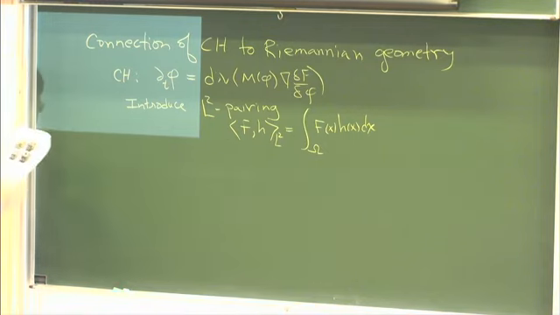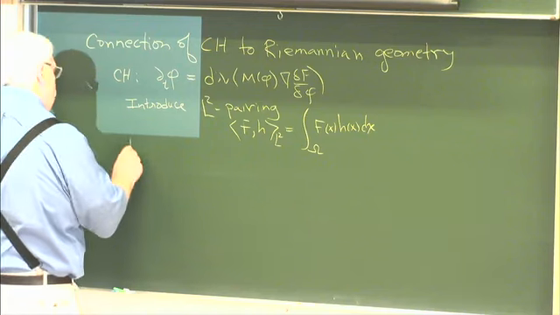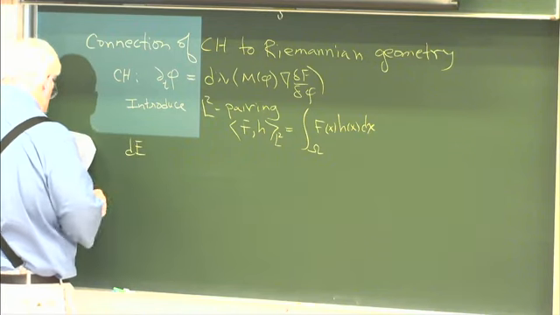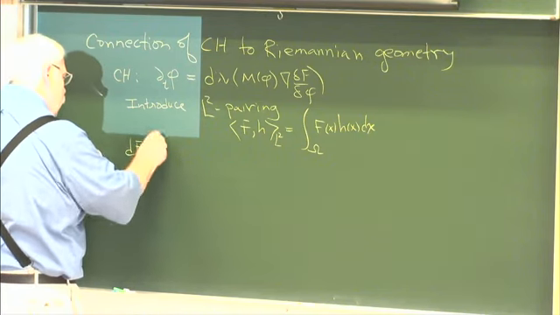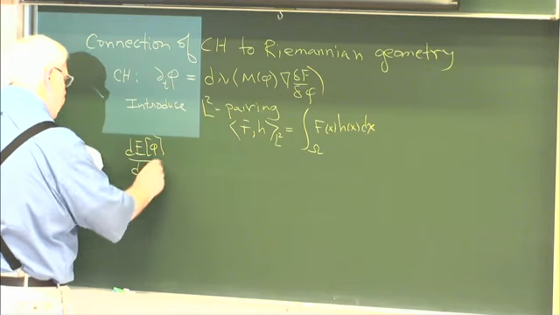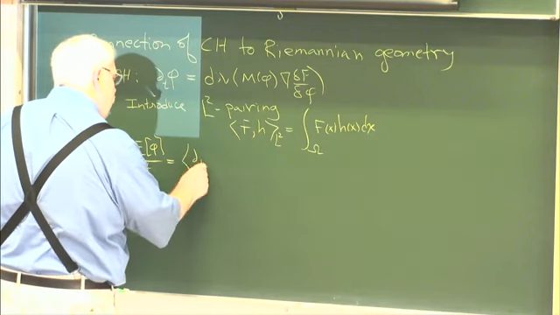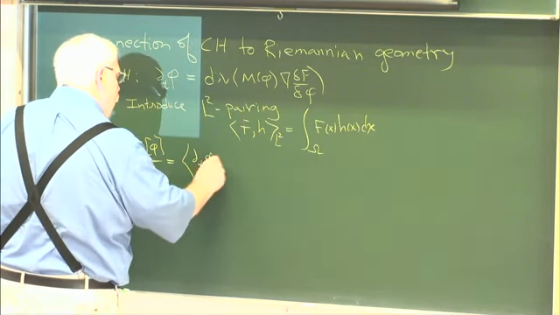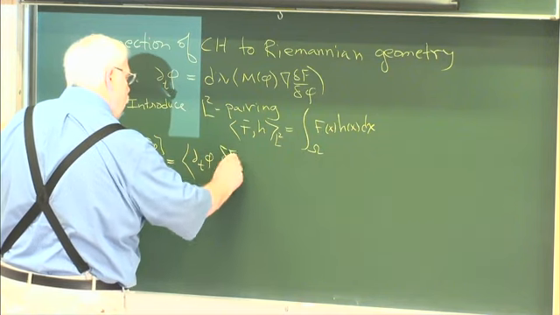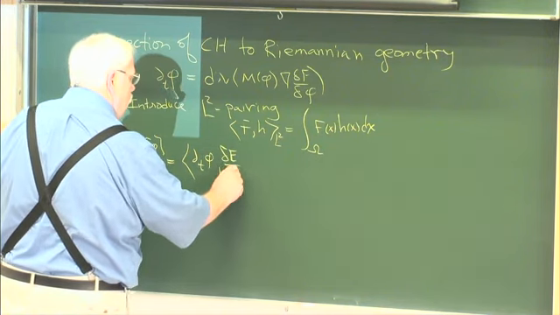And we calculate some energy. We calculate the dynamics of any functional E of phi. So that is d by dt of phi times delta E delta phi.